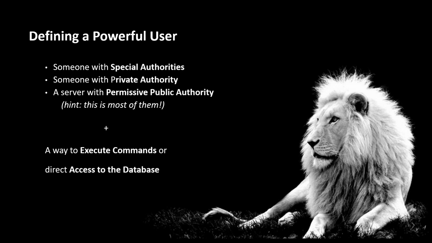And it could also be somebody who's operating on a server that has very permissive public authority. If you're not familiar with the concept of public permissions, don't worry too much. Just think of it as a default authority that is granted to users. And if that happens to be open, that means by having a user ID and password, by default, you're going to have access to things.